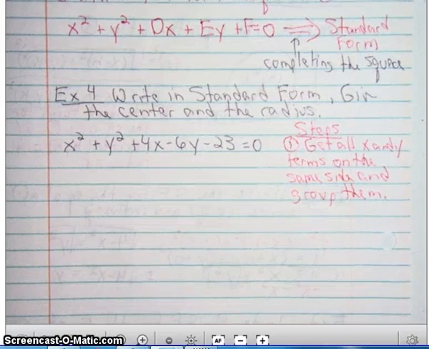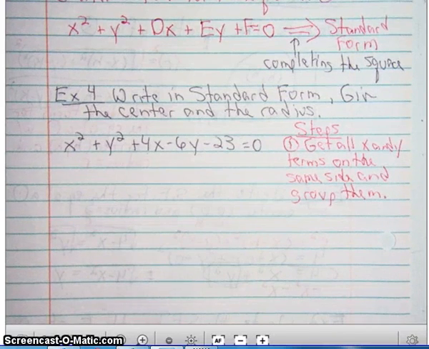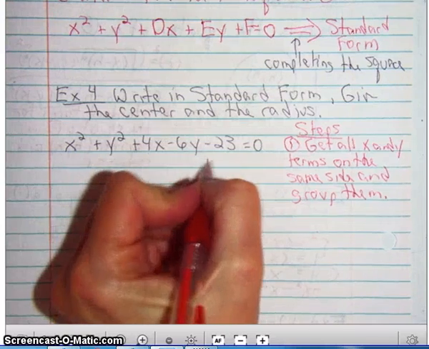So anything that's written in x or y goes on one side, everything else goes on the other side. Anybody see what we would have to move to do that, Leah? Add 23. Everybody agree? All right, so add 23.